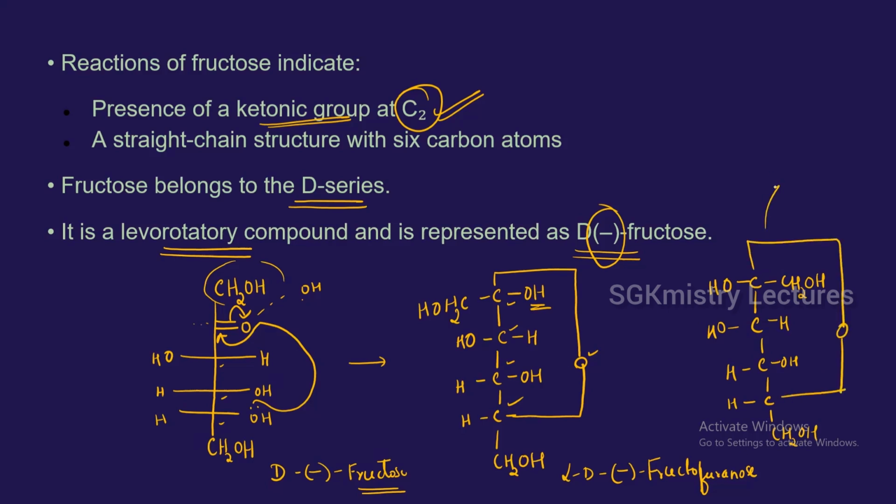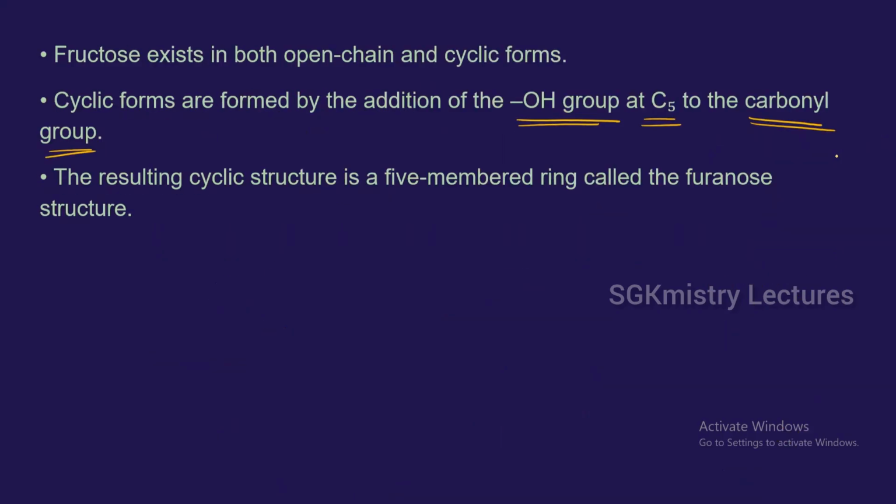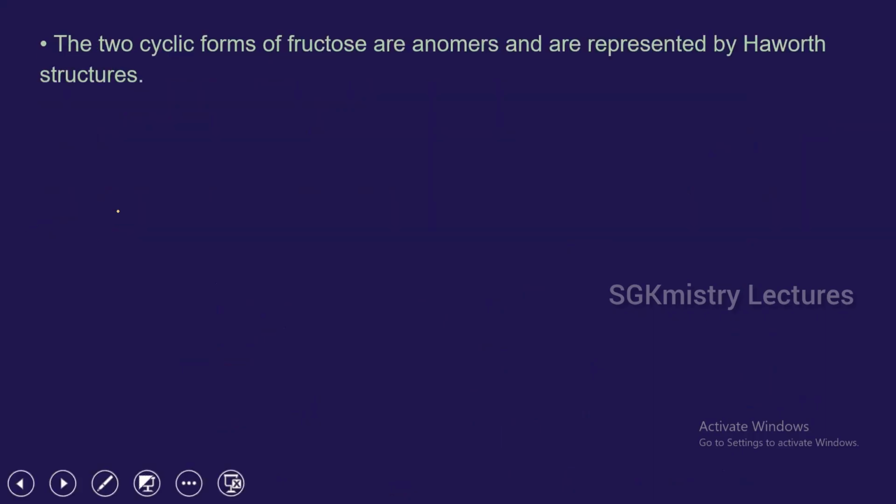So this will be beta D, again minus since it is levorotatory, fructofuranose, right? So I hope it is clear how we get the cyclic structure from the open chain structure. Similarly, I can also write the Haworth structure using this furanose structure.